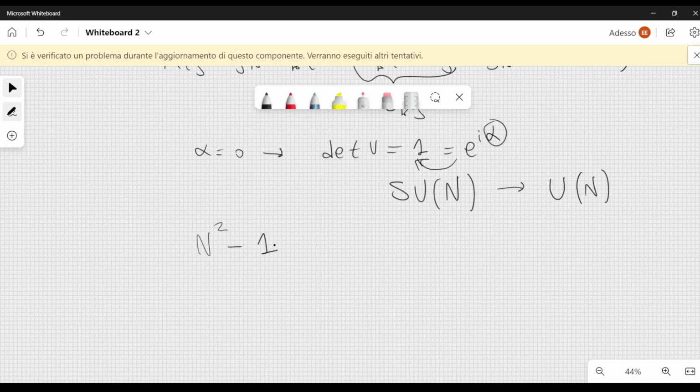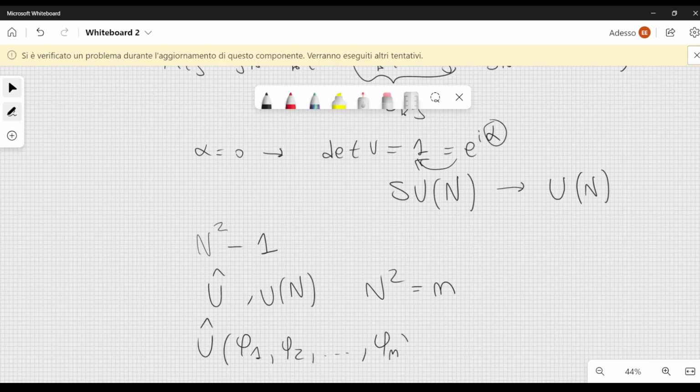And let's now consider a group element u belonging to the unitary group of n, and it is a function of n squared parameters, and let's simply define n squared equal to n, lowercase n. So u will be a function of some parameters, and I will call these parameters phi 1, phi 2, dot dot dot, phi n.